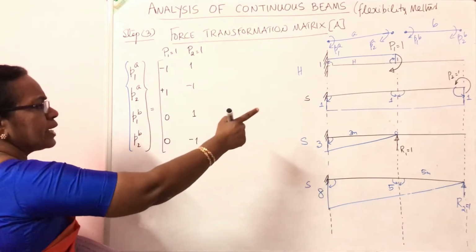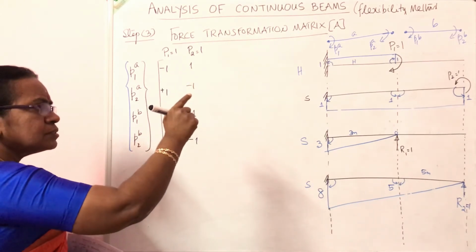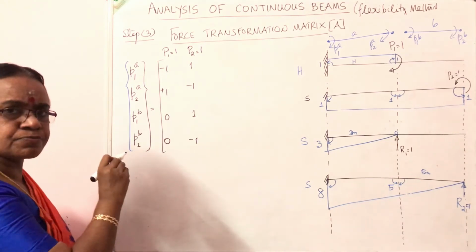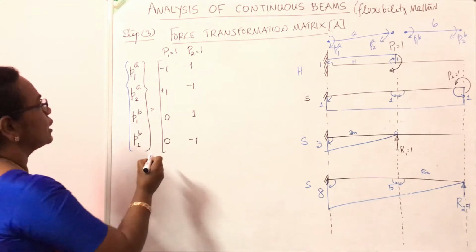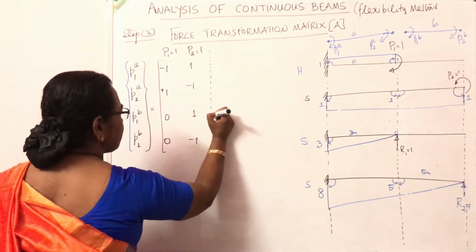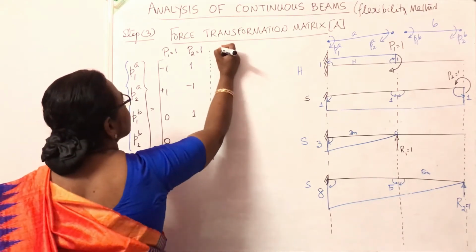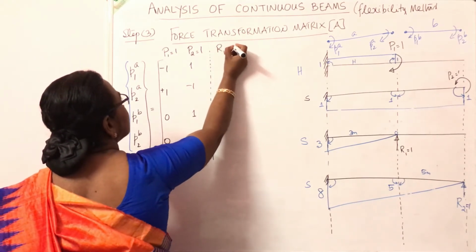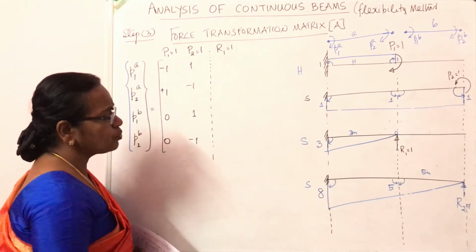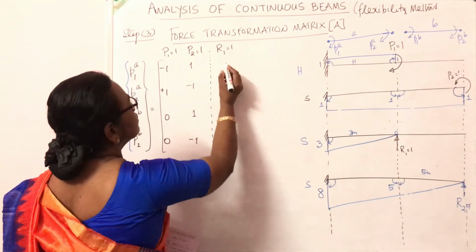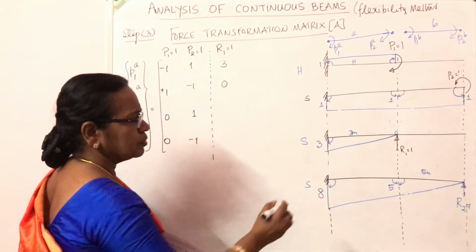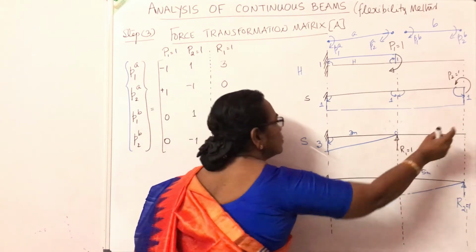Looking at the bending moment diagram, measure the ordinate, and the direction is from the horizontal to the ordinate. So P1, P2 we have marked. Now I am going to put a dotted line here and write what it is for R1 equal to 1, just to separate these two. For R1 equal to 1, this value is 3. In the first element, second node, 0. For the second element, 0, 0.